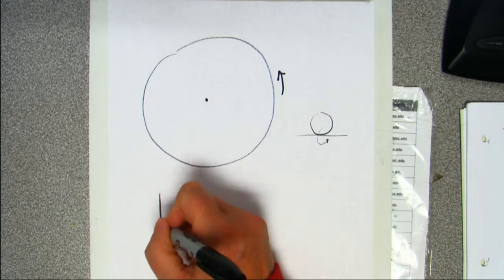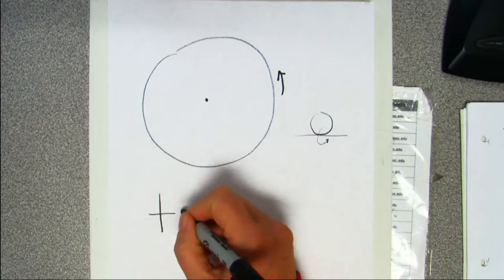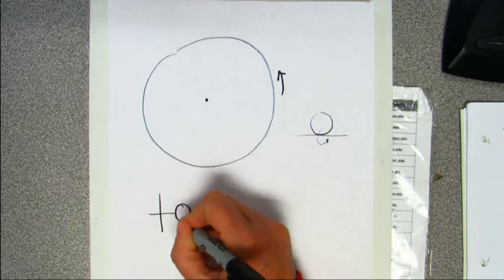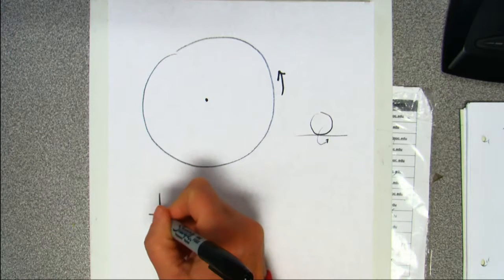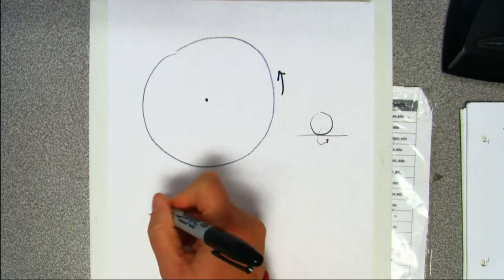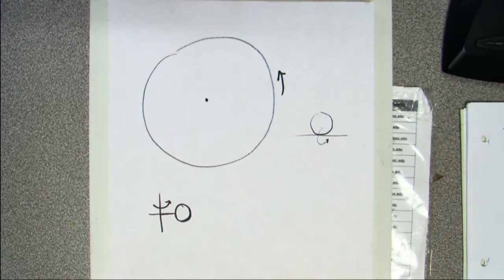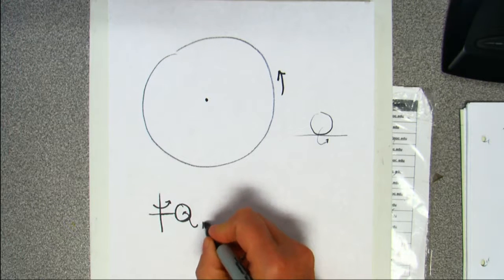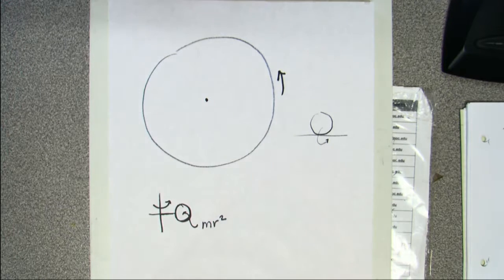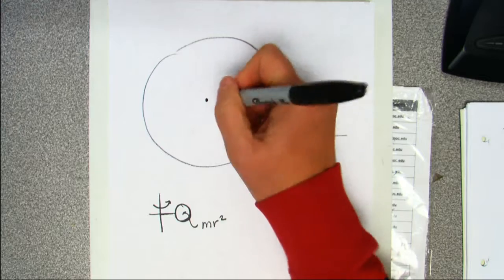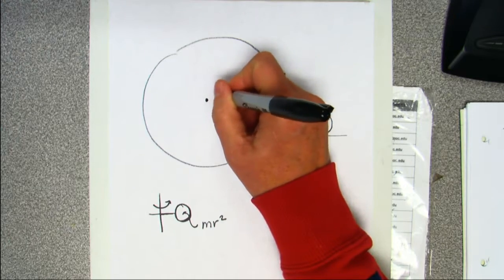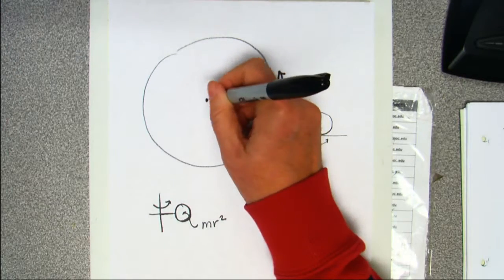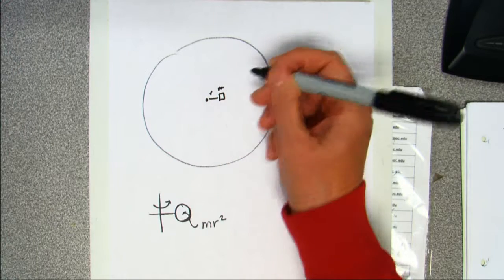But let's say I have a mass out here, and I'm rotating it around my point like this. If I have a single mass, my moment of inertia is going to be related to mr squared. But if I'm rotating a disk, I'm going to have this little incremental mass that has a mass and an r squared.